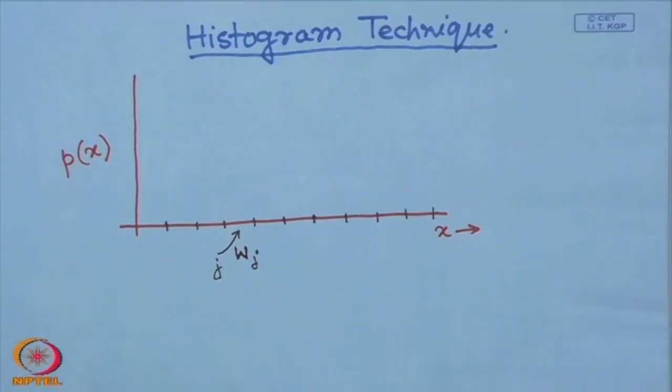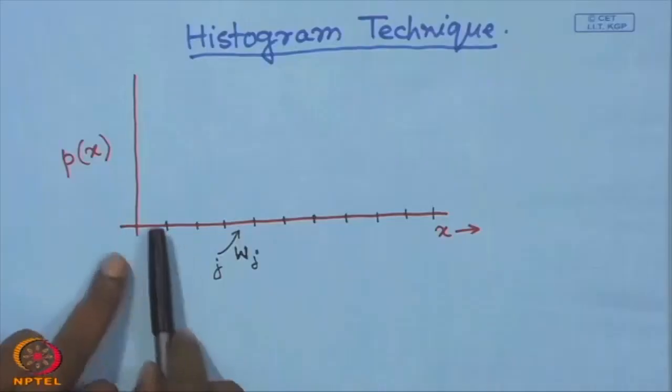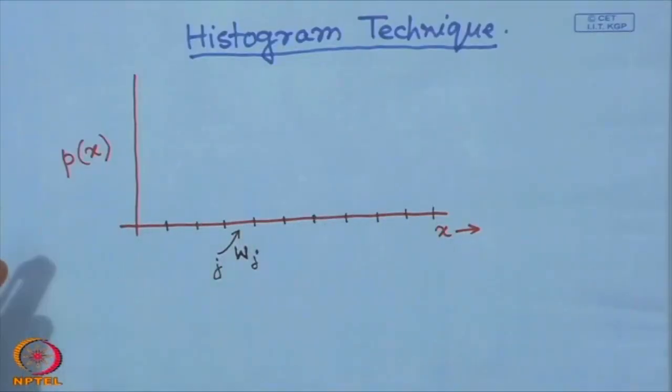I have a large number of samples which represent different sampled values of the variable x. When I try to estimate the probability density function, along the horizontal axis I put all those sampled values of x, and along the vertical dimension I put the estimated value of the probability density function. For this, out of all these intervals, I have taken the jth interval, whose width I have assumed to be w j.